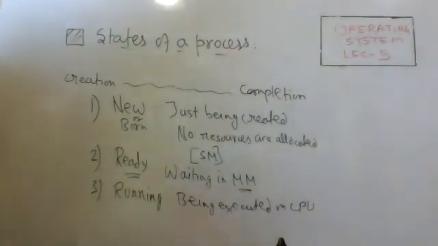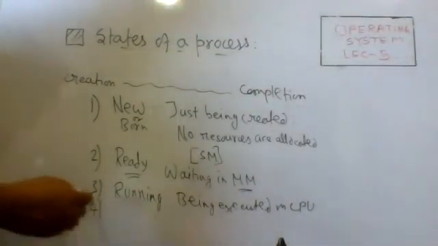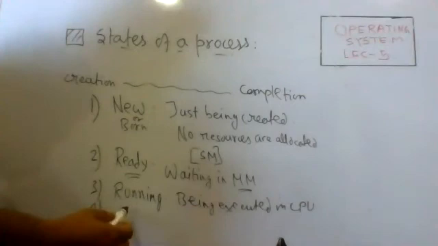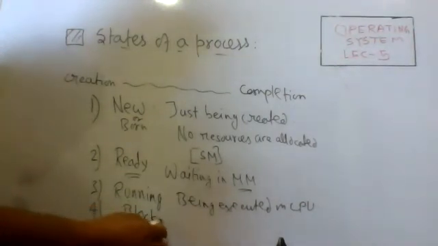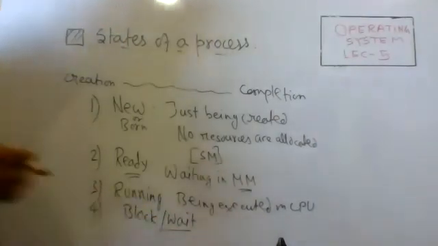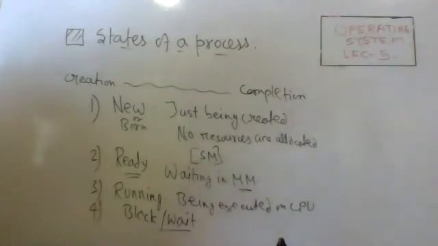Now, number 4, this is called block state or wait state. Here the process is waiting for some event to occur, such as IO wait or time slice expired.